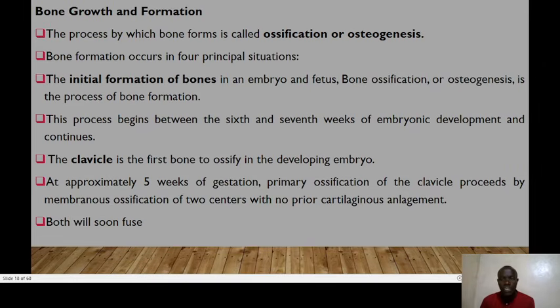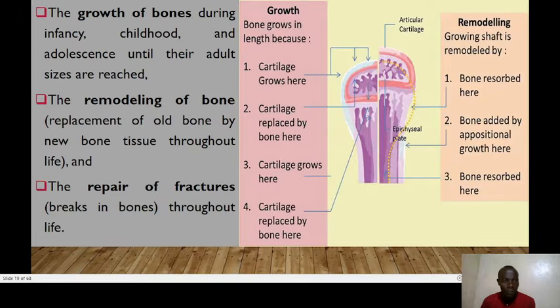Ossification begins at around the 6th and 7th week of embryonic development and continues. It's important to note that the first bone to ossify in a developing embryo is the clavicle. At approximately 5 weeks of gestation, primary ossification of the clavicle proceeds by membranous ossification of two centers with no prior cartilaginous enlargement. Both will soon fuse.